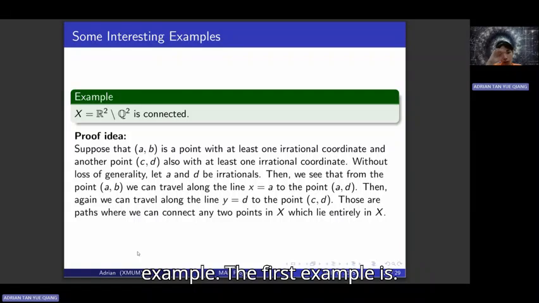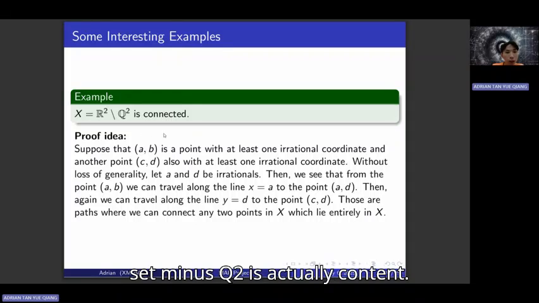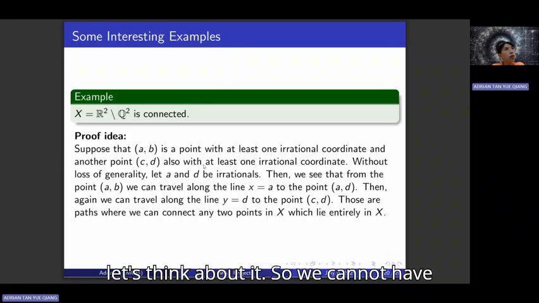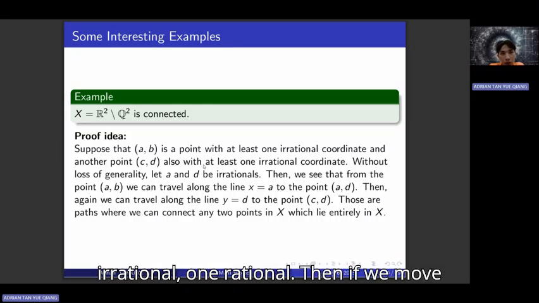Now we move on to our example. The first example is I'm going to show that X equals R2 set minus Q2 is actually connected. So what's the idea of this? Let's think about it. We cannot have two rational coordinates here, but we can have one irrational and one rational.